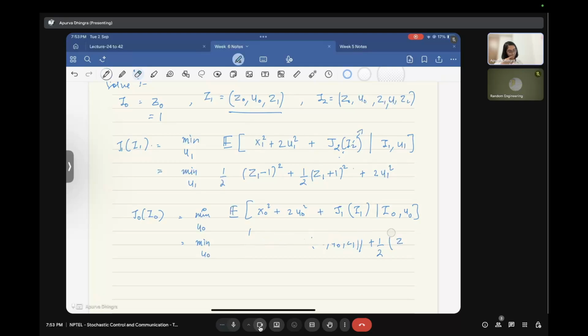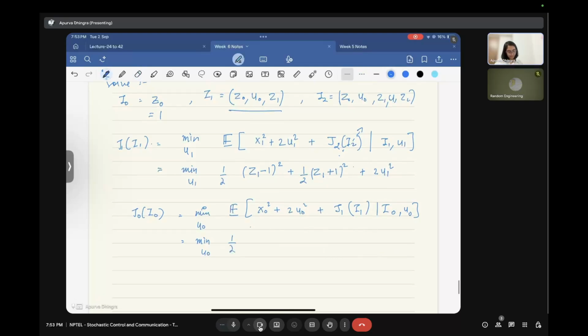This term does not contribute when Vk is 1. z1 minus Vk becomes just 0. So we're left with this. And in the other case it matters, so z0 plus 1, which is just 2, so it's 2 square plus u0 square, and this guy is as it is.